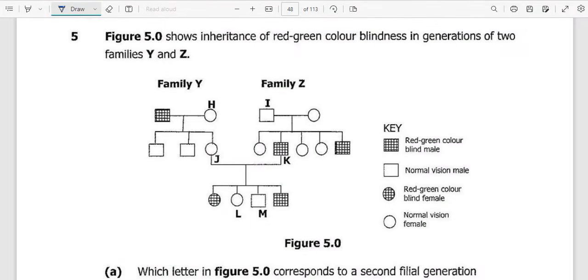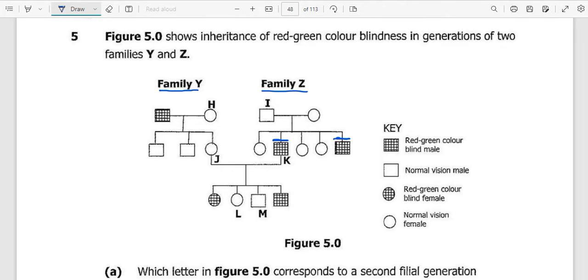Okay, Figure 5.0 shows inheritance of red-green color blindness in generations of two families, Y and Z. So here we have a red color blind male, a male who has this disorder, and then we have another male.